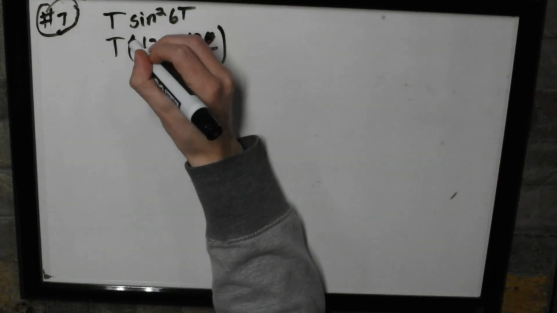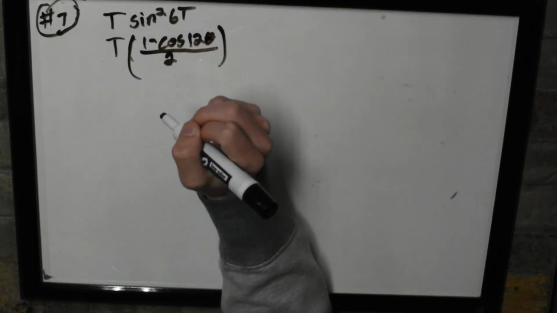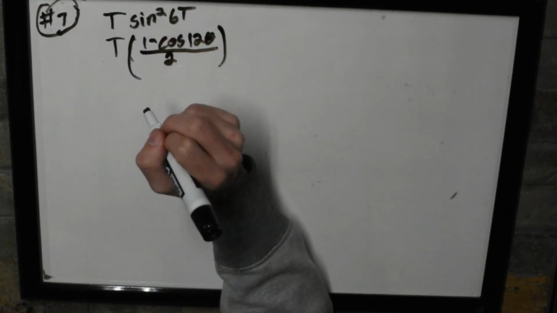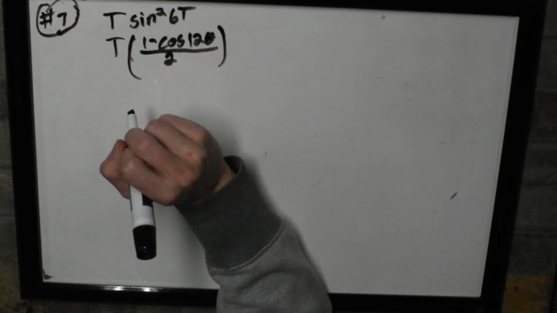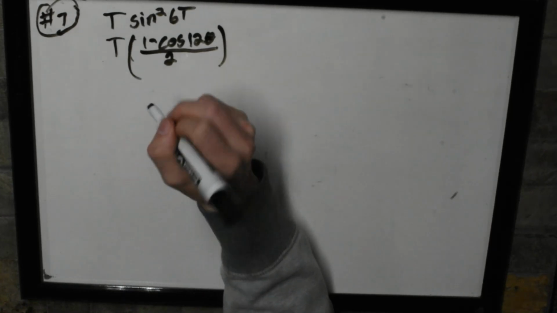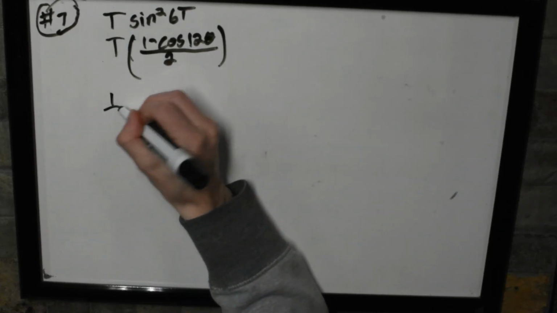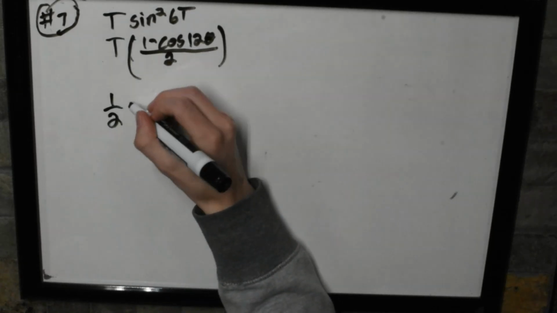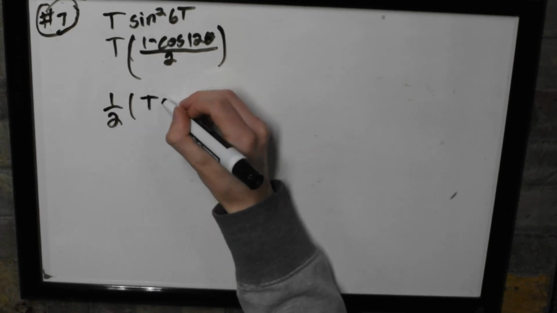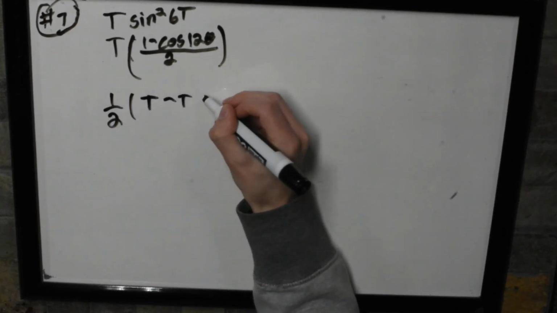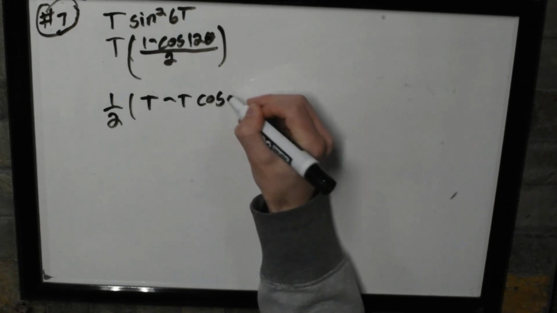Now this is just a trig identity, nothing too hard, just kind of manipulating the function, and now it's in a form that we can solve the Laplace transform for. Well, first thing we can do is take out the 1/2. So 1/2, and we're left with t minus t cosine 12t.